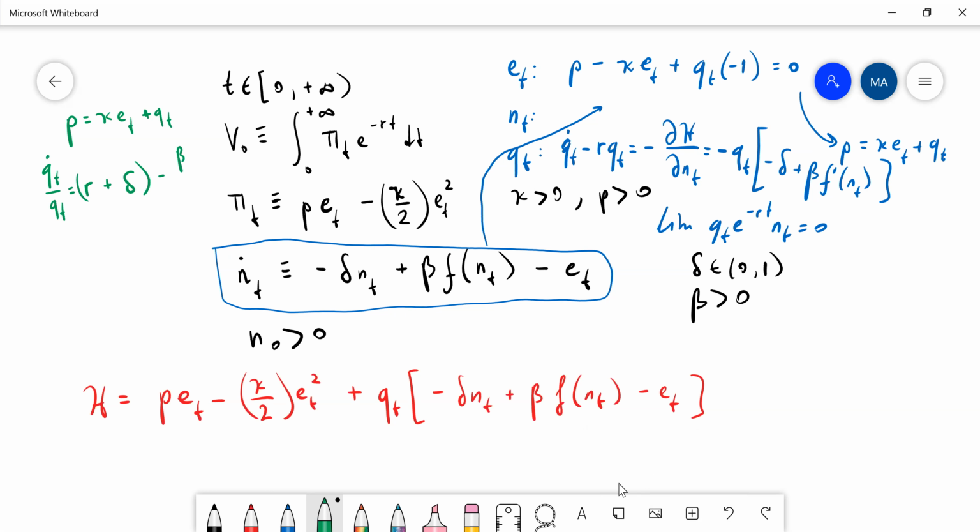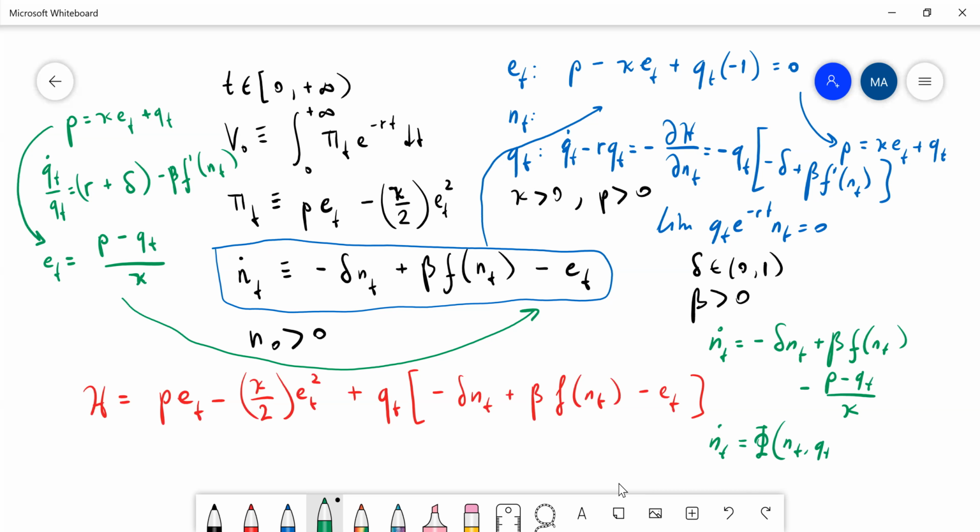Okay, so in other words, NT dot is this differential equation. Again, NT and QT.